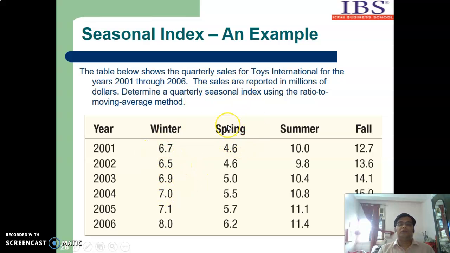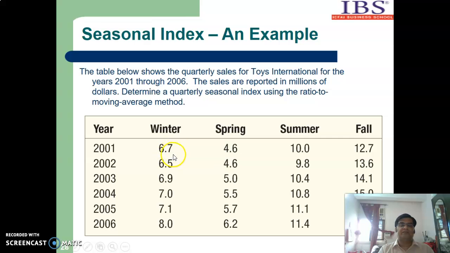If you go through the slide, it's a seasonal index. This table shows quarterly sales. In the rows, I have taken the years 2001, 2, 3, 4, 5, 6, and in the columns I have taken winter, spring, summer, fall, and these are the sales in $1,000,000.